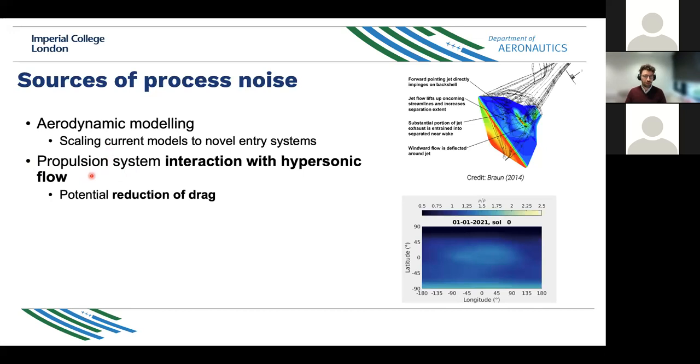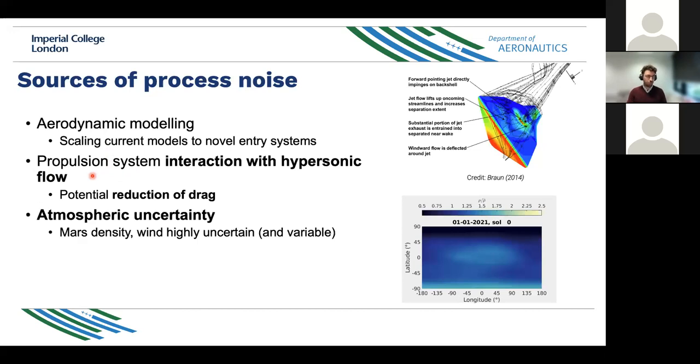Also, we use propulsion systems like retro rockets, and modeling the interaction of these with the hypersonic flow is quite difficult. But what we'll really focus on here is the atmospheric uncertainty.